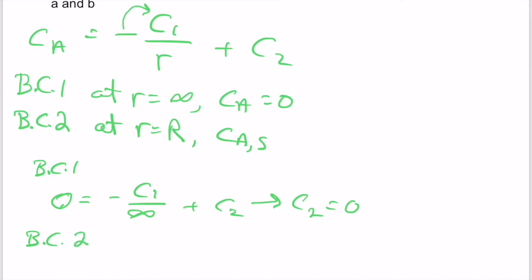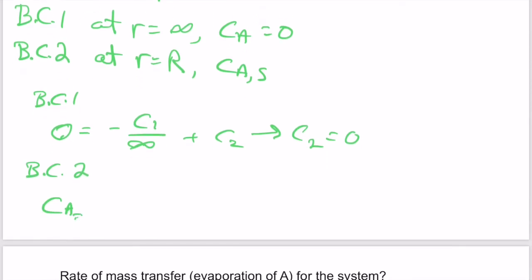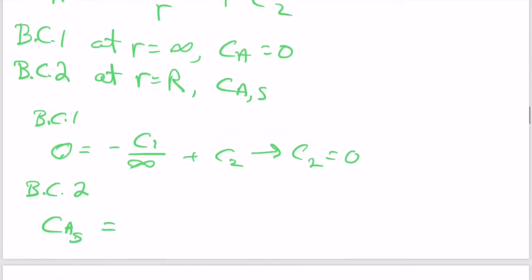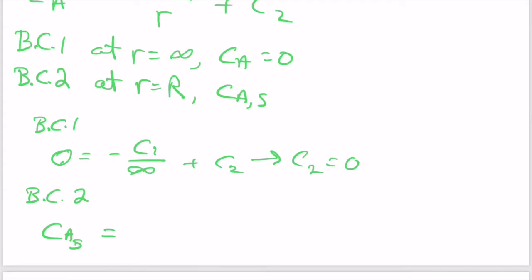So CA at the surface is equal to minus C1 over R. So C1 is equal to minus R CAS. Is that right? Yep.